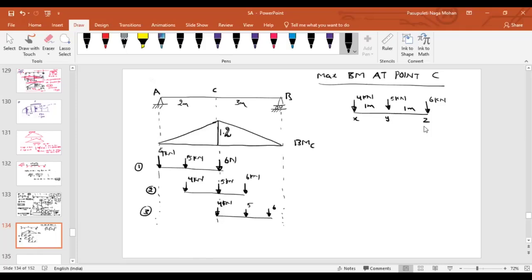The maximum load, number two, sir. Number two, number one, or number three? Number two, sir. Why? What is the reason you judge it by? Area is more. I think I can directly wipe out one, because if I look at the ordinate of 4 kilonewton, it is 0, so this ordinate will not act.